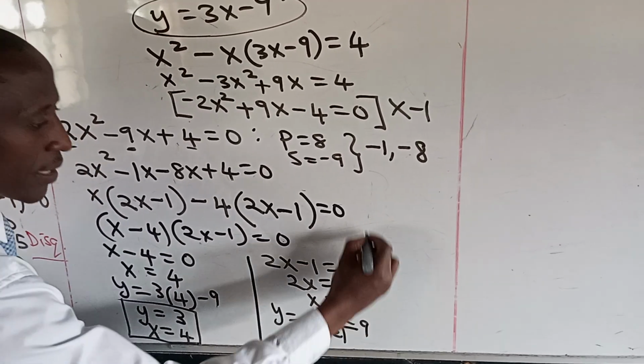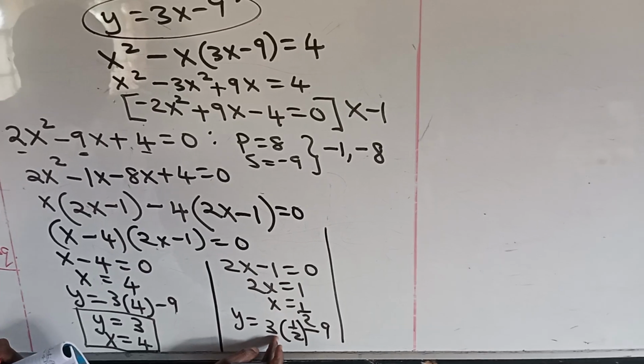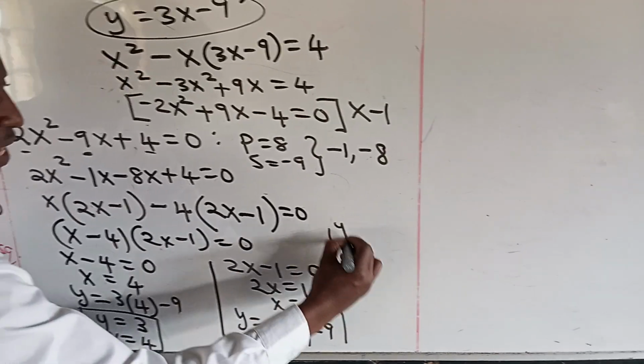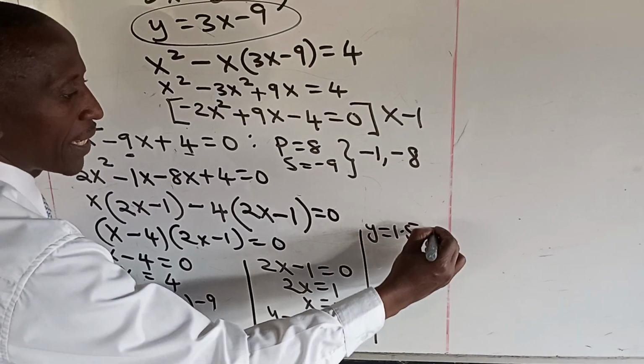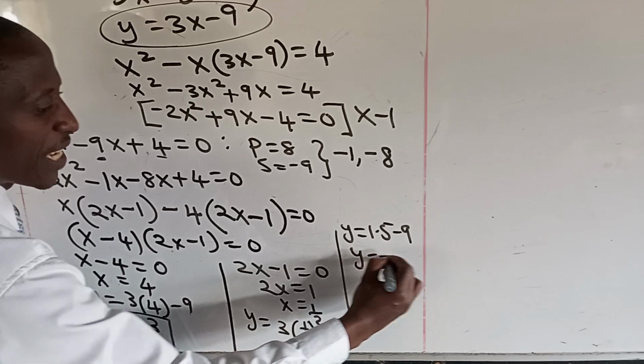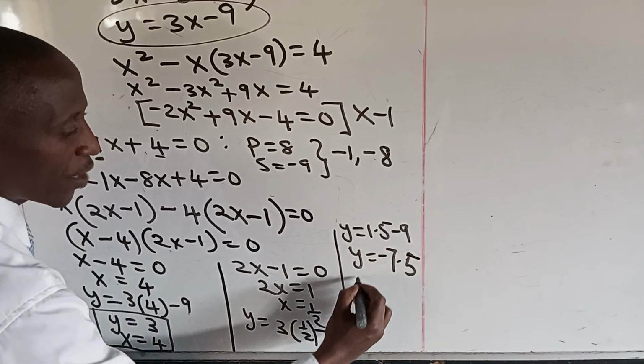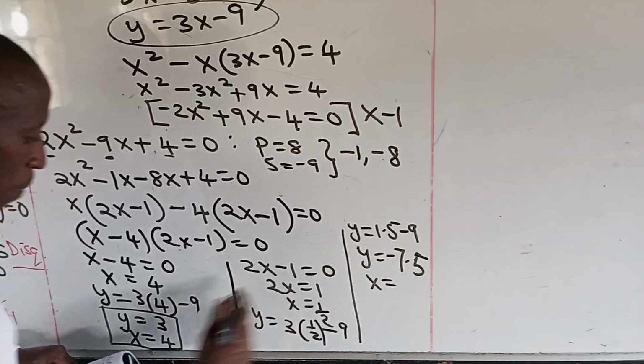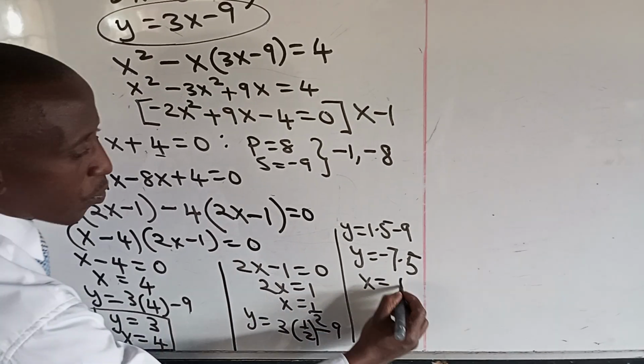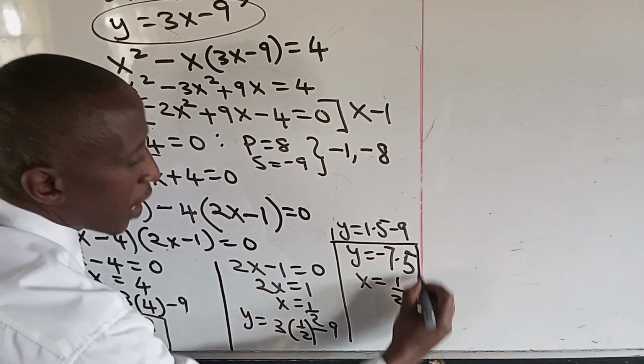So how does this one come about? This is y is equal to 1.5 minus 9, and that y comes to be negative 7.5. We pair that with x is equal to a half. So these two are paired.